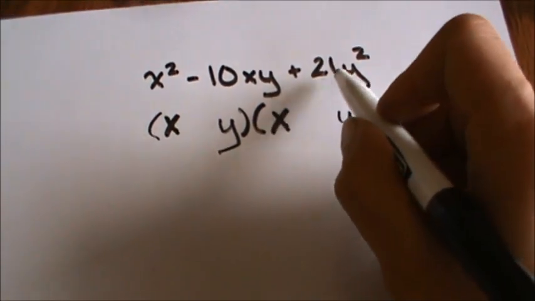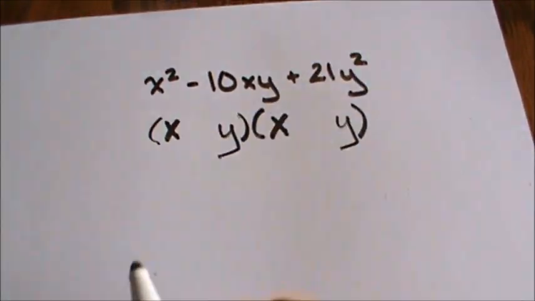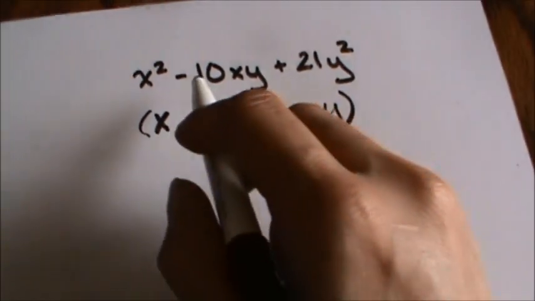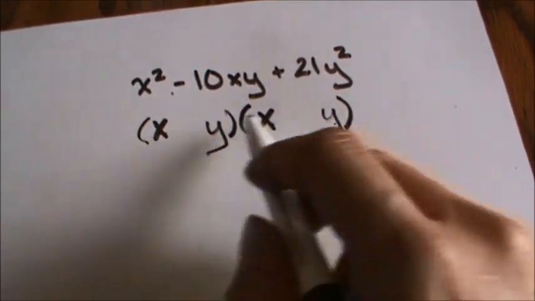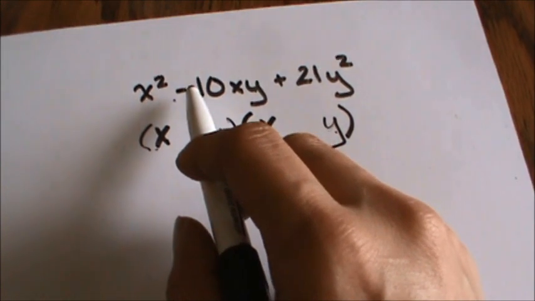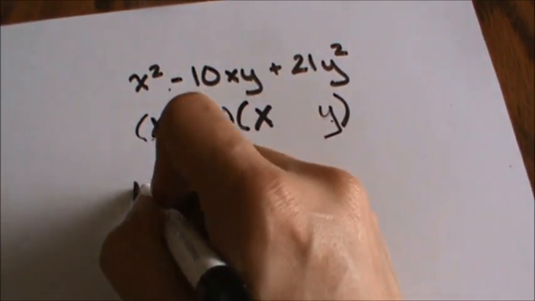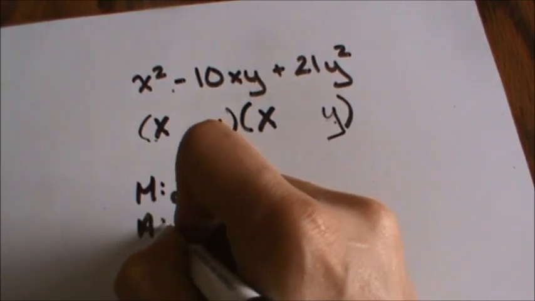Now to get 21y squared, there needs to be a number in front here that multiplies to be 21. And in order to get this negative 10xy, my outer terms will be an xy, my inner terms will be an xy, but the numbers in front need to add to negative 10. So this is, again, the same kind of problem we were just dealing with.